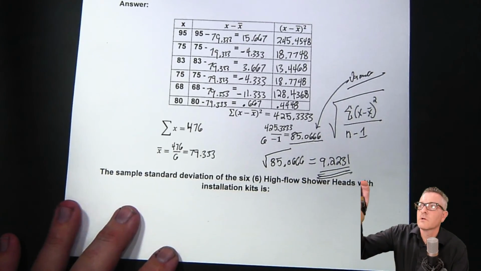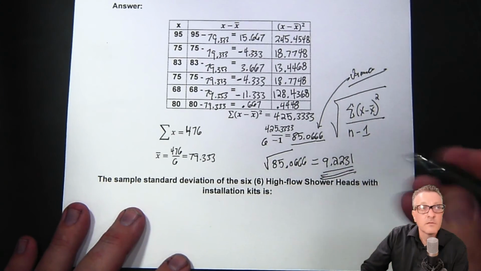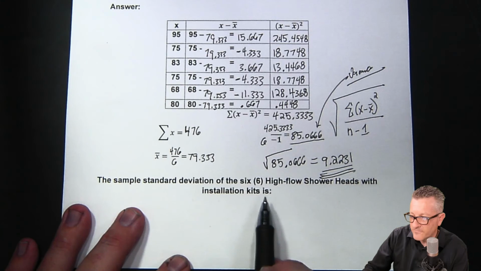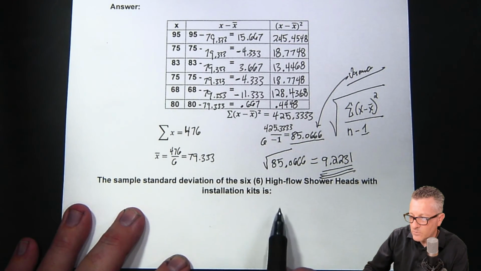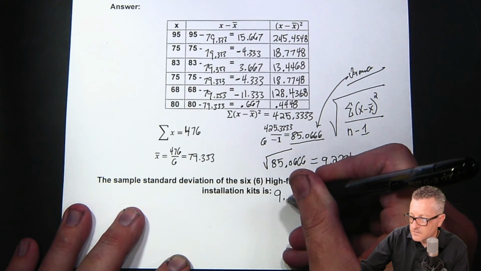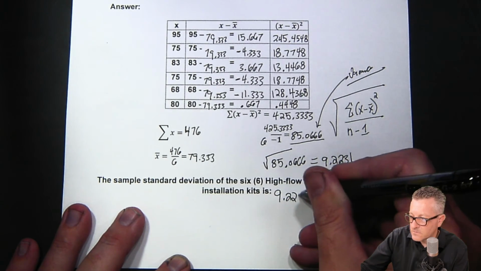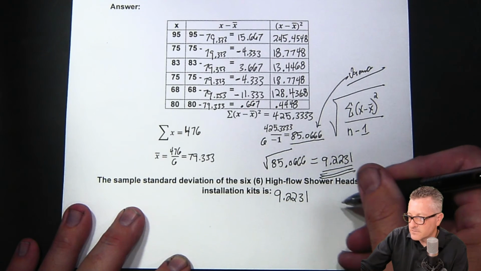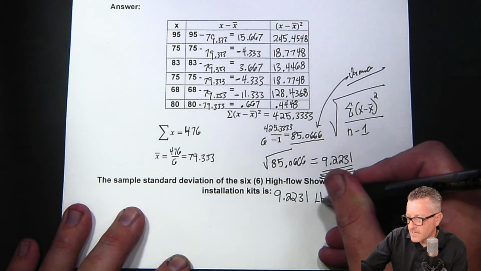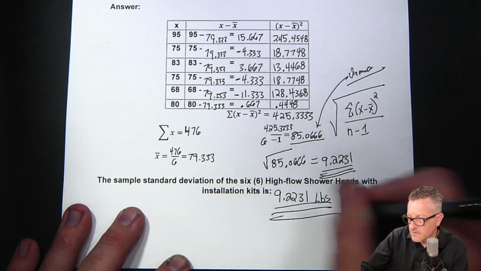So the answer for the sample standard deviation of 6 high flow shower heads with insulation kits is 9.2231 pounds. If we were working with pounds, I believe, yeah. So we'll say LBS, okay?